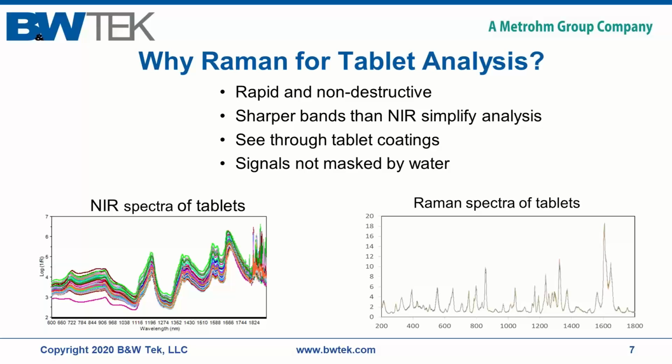With Raman analysis, we can measure through the tablet coatings, and as opposed to near-infrared, we don't have a strong contribution from water, so the signal isn't masked by water. So we don't have interferences from varying moisture contents of the samples that are measured.